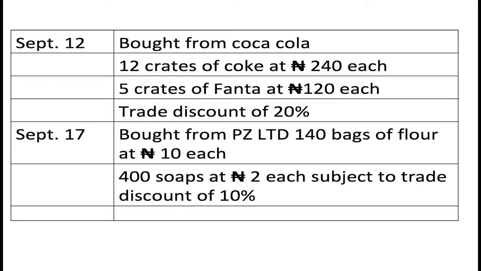Then he has a trade discount of 20%. September 17, bought from PZ Limited 140 bags of flour at 10 naira each, 400 soaps at 2 naira each, and it was subject to trade discount of 10%.